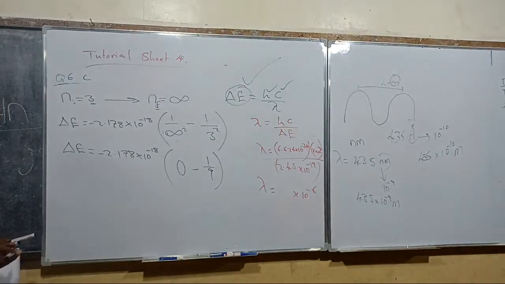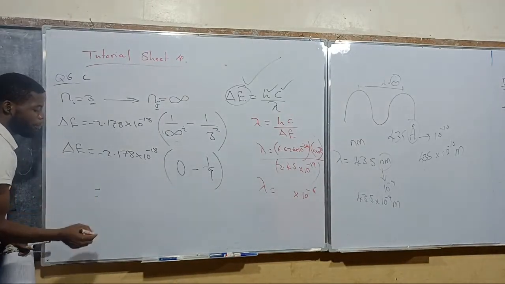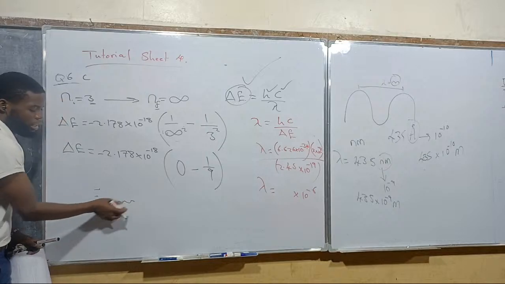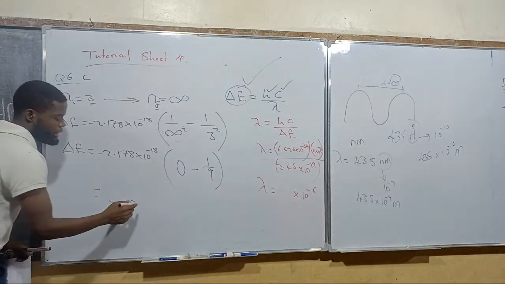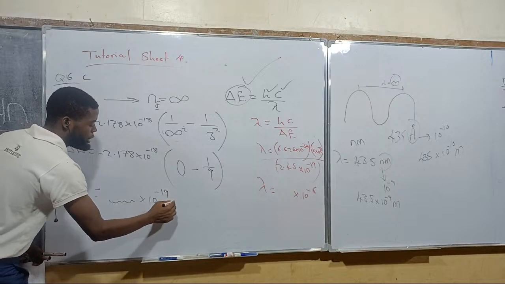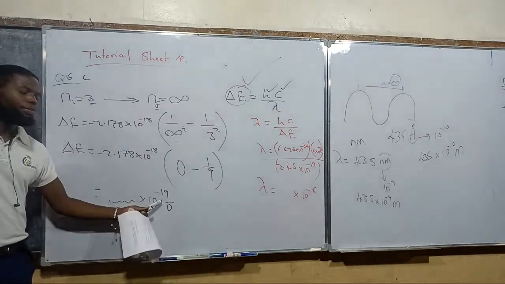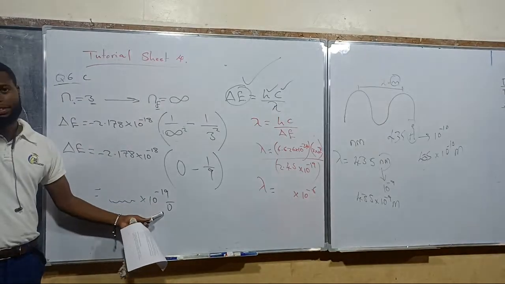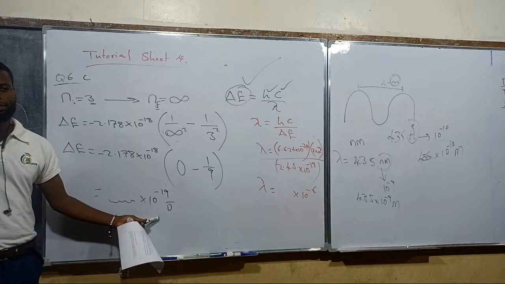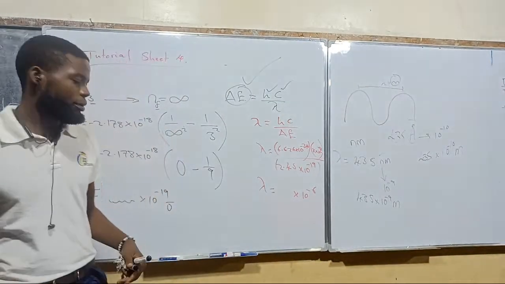So when you punch it in, you are going to get a positive value for the energy. It will be something times 10 to the power negative 19 joules. Keep in mind the exponent is supposed to be negative 19 in most cases, actually in most questions that we have counted so far.